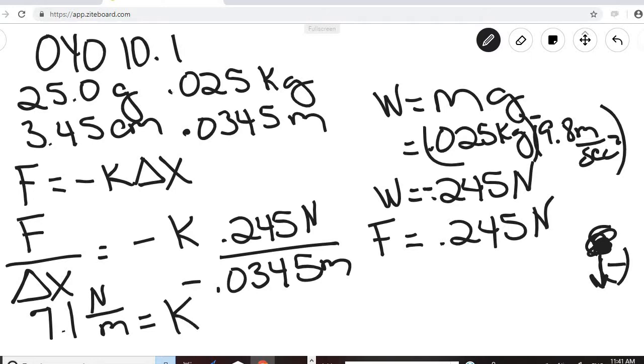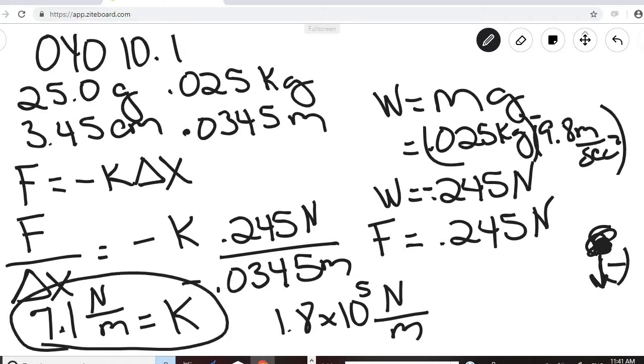So if you compare that value to the value for k that we got in the example problem, it was 1.8 times 10 to the 5th newtons over meters. So this is a much weaker spring compared to the spring that we saw in the previous example problem.